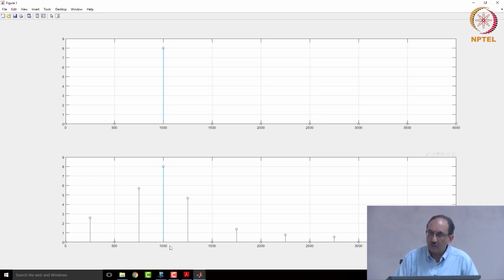I can repeat this with now making it 64 points, and now what will happen is between 500 and this you will have a new sample here. So, you will start filling the gaps here with newer and newer sample points, and this actually represents the sampling of the DTFT.